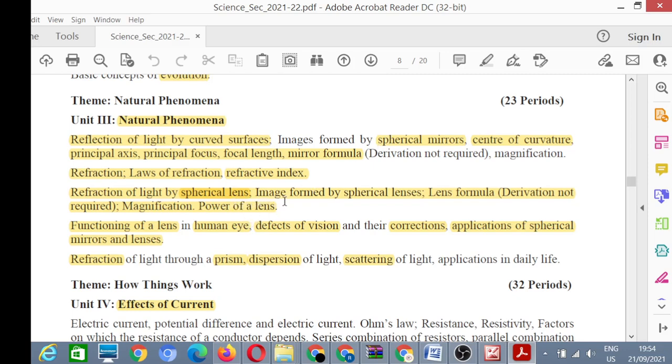Then image formation by a spherical lens, parallel topics. Then the lens formula; derivation is not required again. Then magnification by lens. Then power of a lens. You can have numericals on power of a lens, lens formula, and magnification.